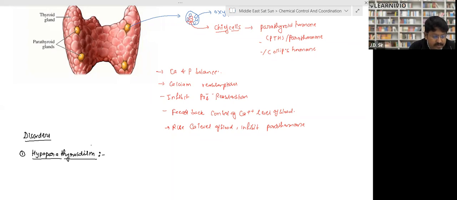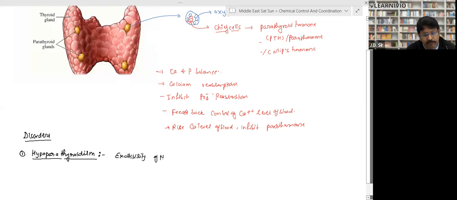This increases excitability of nerve and muscles, causing cramps.